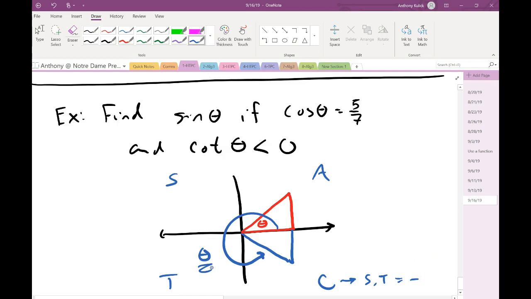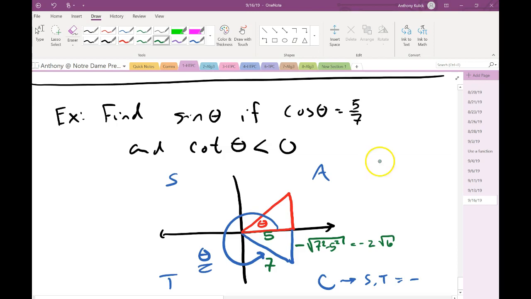So what that tells me then is my hypotenuse is 7, my x side is 5, but my y side is negative square root of 7 squared minus 5 squared, just using the Pythagorean theorem there. 49 minus 25 is 24, which is 2 square root 6.